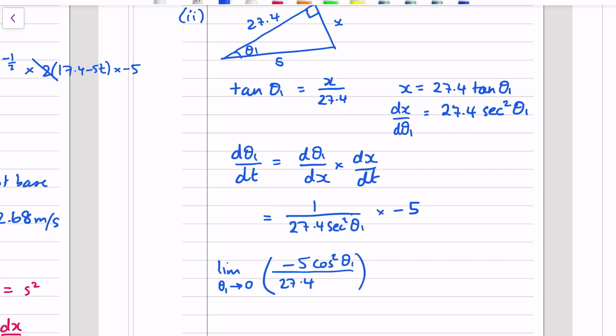And when you consider the limit of cosine, well, cosine of 0 is 1. So this limits to minus 5 over 27.4. And if you work that out as a decimal, it's 0.182 radians per second. Negative because it's decreasing.